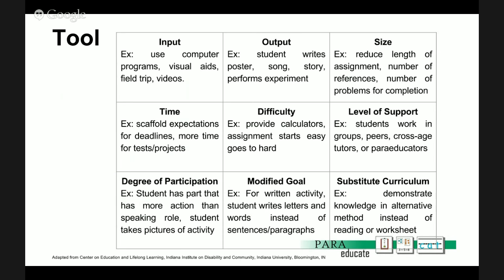A lot of the time, we tend to think of only input and output. There are ways to just take down the size and the scope, make sure the students have calculators, make sure that the student could listen to it on tape. And the bottom 2, modified goal and the substitute curriculum, really need an IEP goal written in.